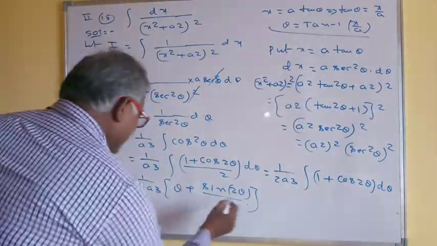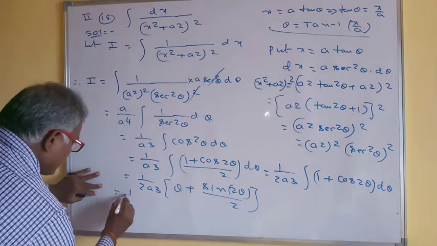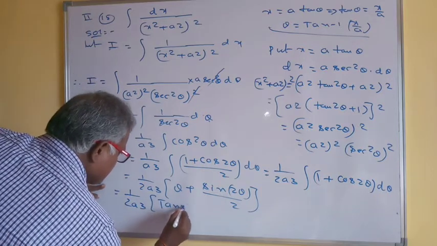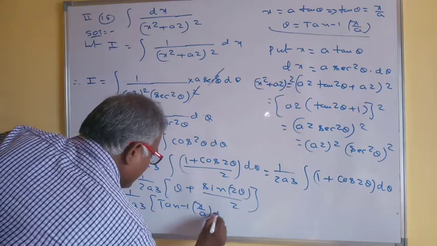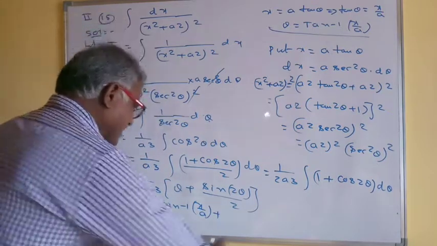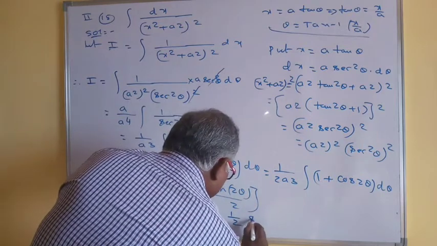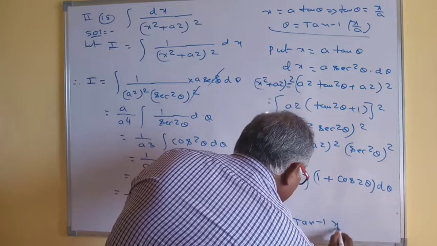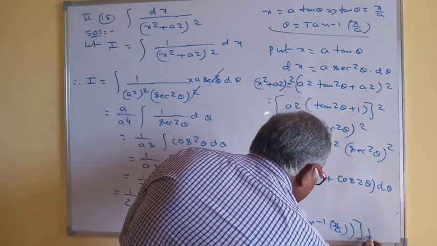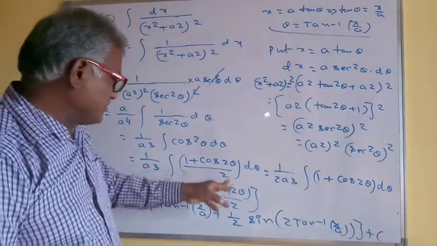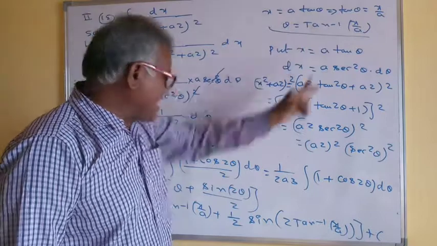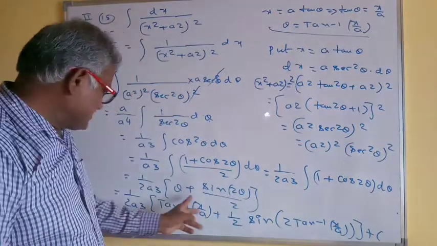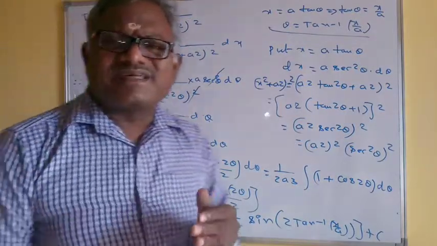So finally we write 1 by 2a cube into tan inverse x by a, plus 1 by 2 into sin of 2 theta, where 2 theta is 2 tan inverse x by a. So the answer is 1 by 2a cube times [tan inverse x by a plus 1 by 2 sin of 2 tan inverse x by a]. This is the simple solution for the given problem.